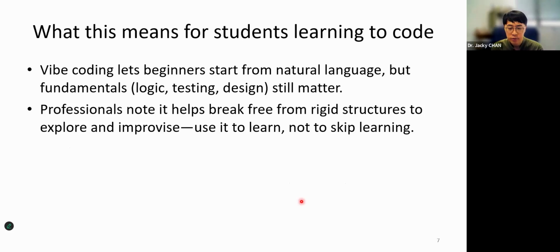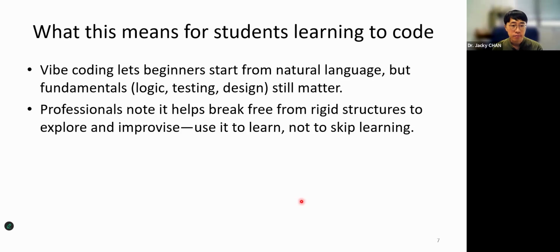Just like when you're learning math, if in the beginning I give you the calculator, then it is not possible for you to learn those basic things like addition, subtraction, multiplication, right? So the fundamental things we still need to learn. You still need some practice. Just after you have all that fundamental knowledge, then you can use the AI to help you speed up the process. You just let it do the job, and then you review the code made by it.